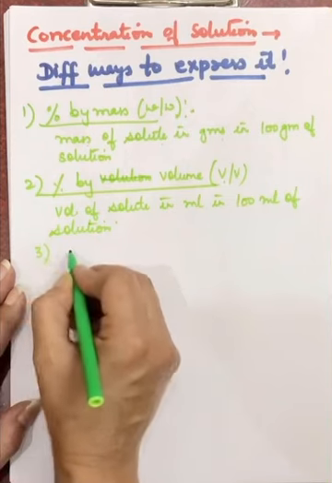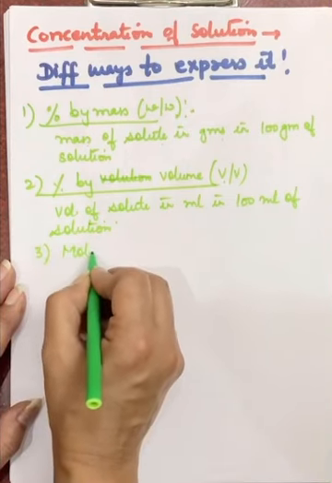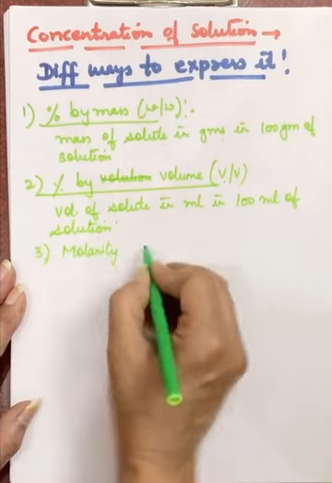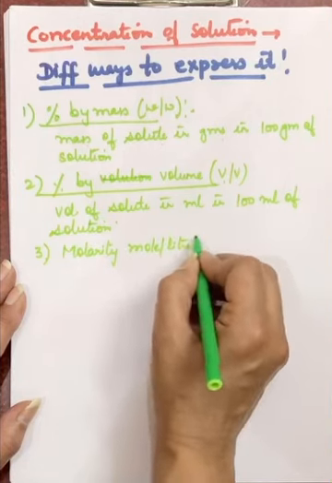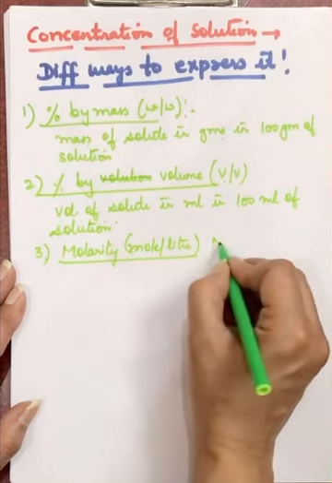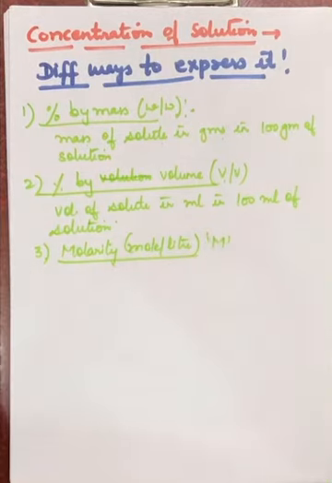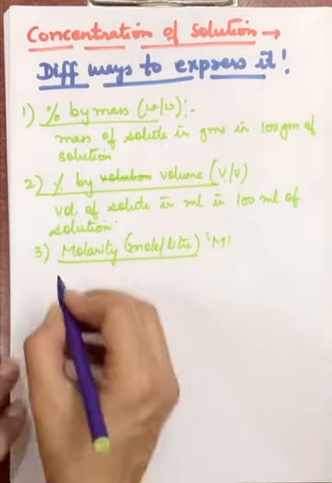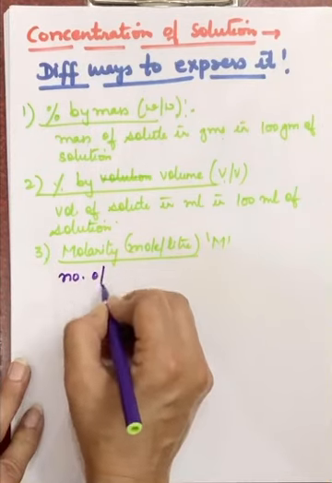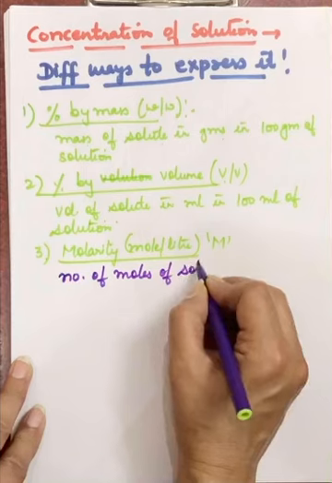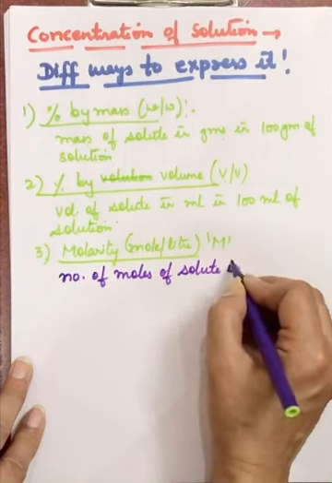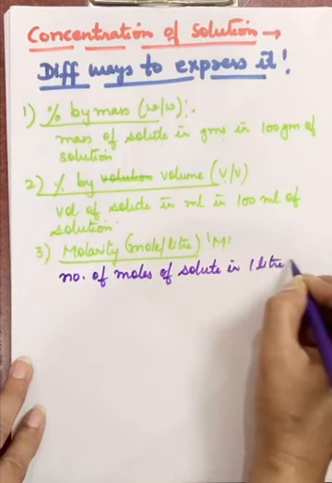Now third here is the molarity. Molarity is written as mole per liter and denoted by the symbol capital M. Now what is molarity? Molarity is the number of moles of solute in 1 liter of solution.